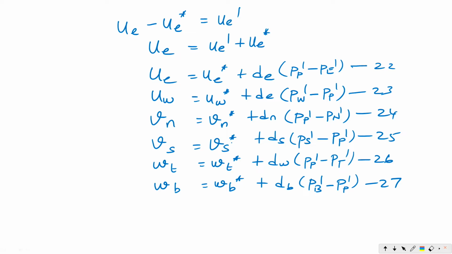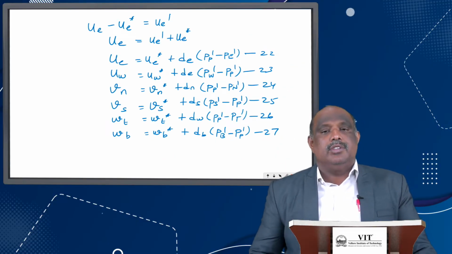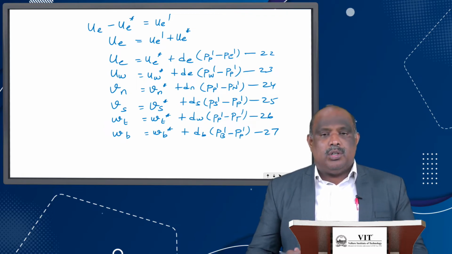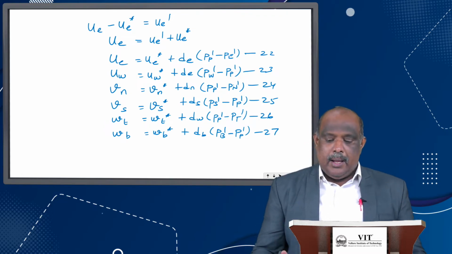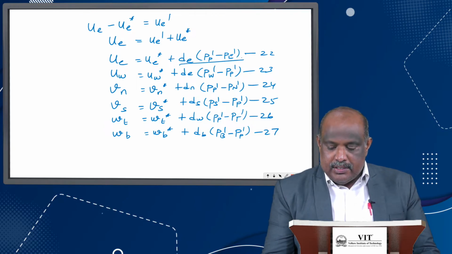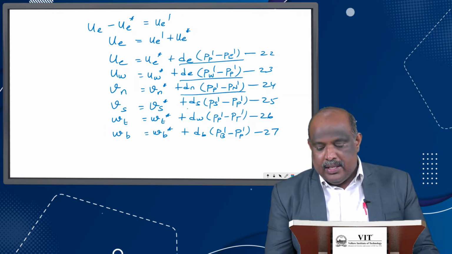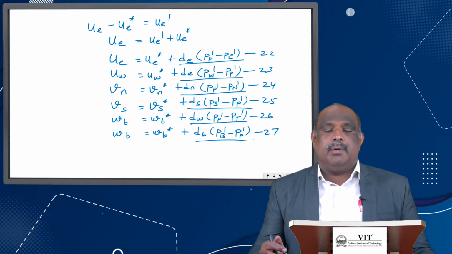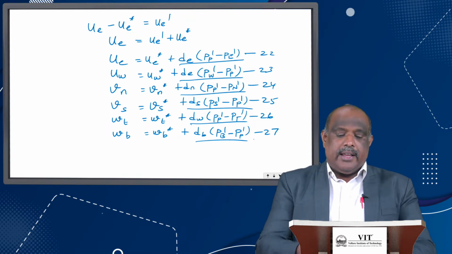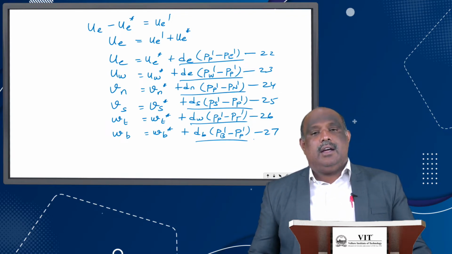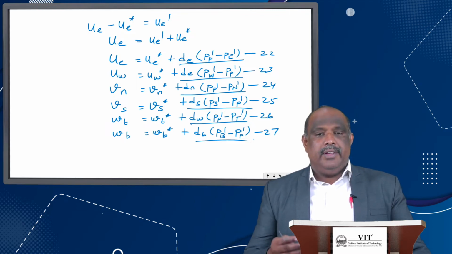But I still do not know the values on the right hand side, namely the pressure correction terms. How are we going to get these values? If I know these values, then automatically my problem is solved. I can find the velocities Ue, Uw, Vn, Vs, etc.